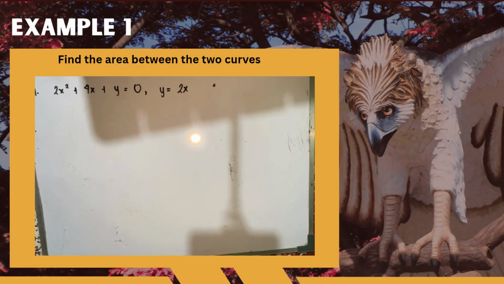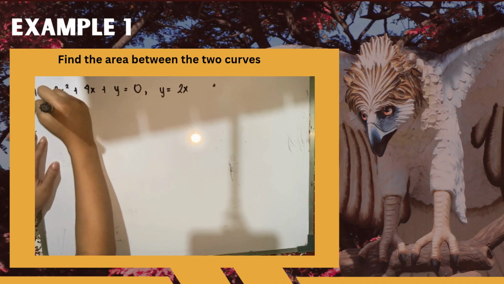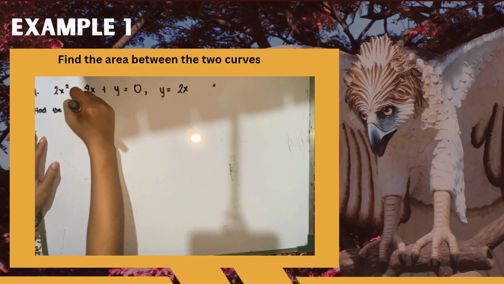So find the area between the two curves 2x squared plus 4x plus y equals 0 and y equals 2x. First step, we have to find the intersection.